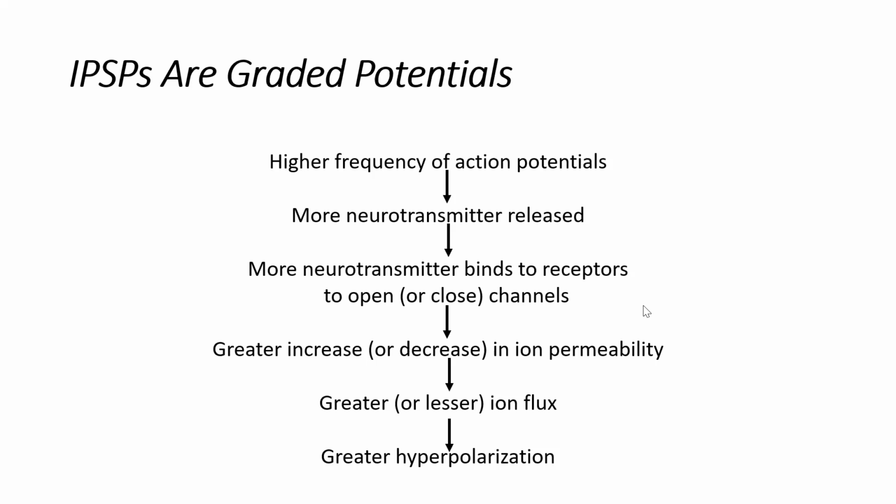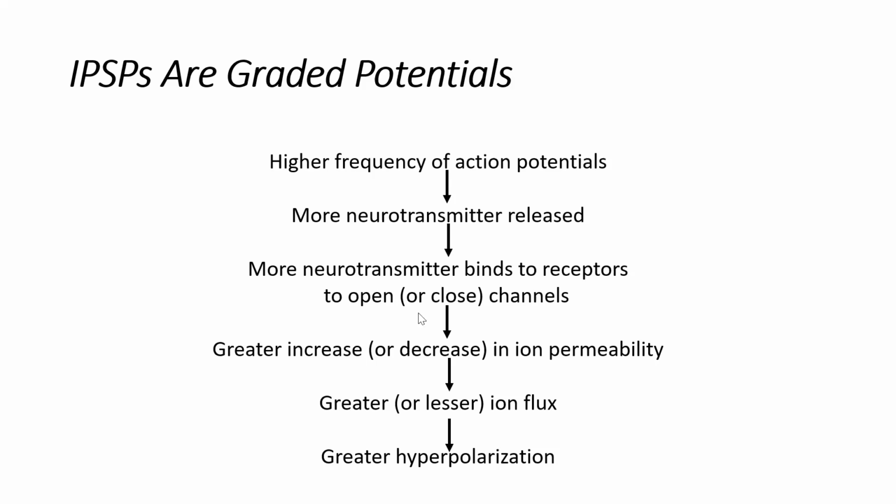And the reason that we're thinking about this in the positive or negative direction is because let's say we opened up a potassium channel that would allow potassium to leave the cell, that would increase ion permeability, right? More potassium moving, which would cause greater ion flux. That would lead to a hyperpolarization. But as I mentioned earlier, we can also think about some of our positively charged ions and what would happen if we closed those channels.